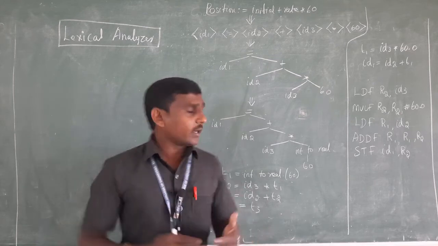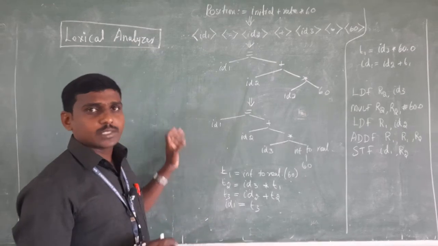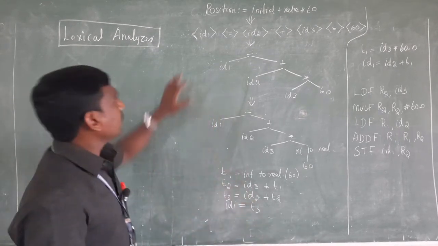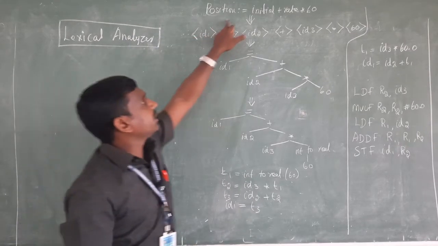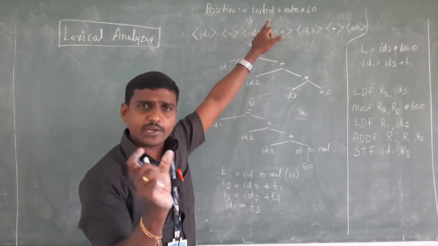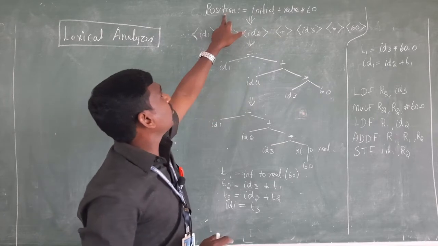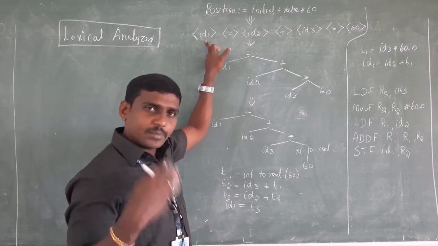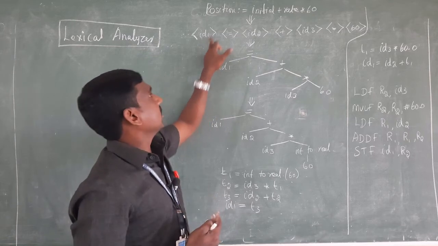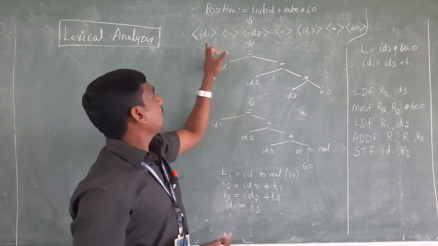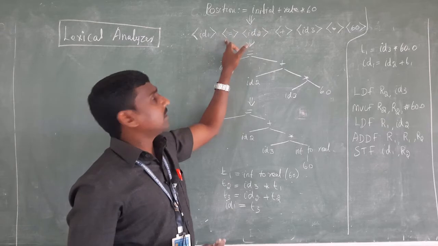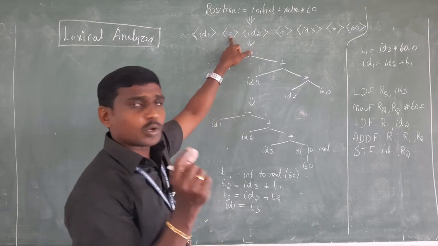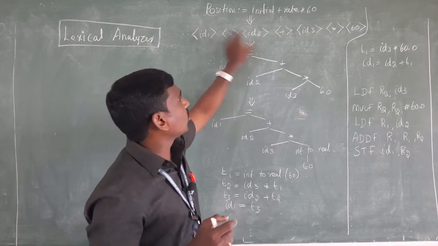So what the compiler does internally is it converts the source program into tokens first. For example, initial plus rate star 60 is a line of the source program, and it converts position into ID1, an identifier, which is machine understandable. Equal to is a token, this is one token, this is another token.